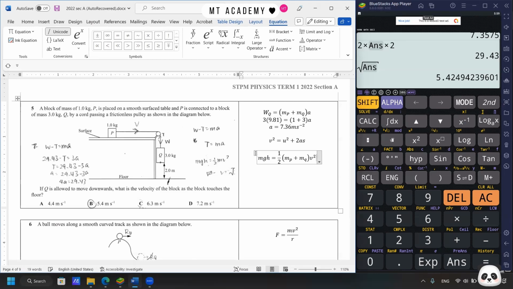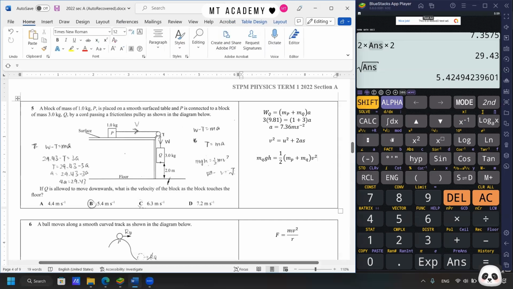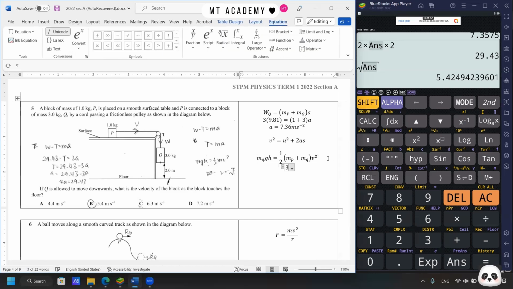So that is another way to do it, which is faster than the previous method. The m here is referring to Q since we talk about the potential energy of Q. So the mass of Q is 3 kg multiplied by 9.81 multiplied by the height, which is 2 meters, and equals half times 1 plus 3, times v squared.